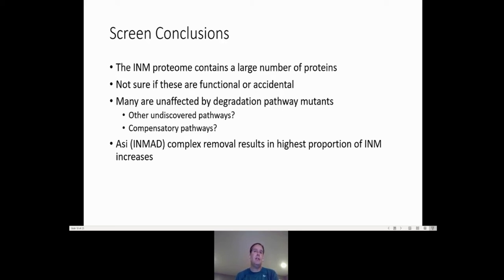Many are unaffected by degradation pathway mutants, so we don't know if there are other undiscovered pathways involved, or potentially these pathways work together in compensatory ways that we haven't anticipated yet. And as I said, the INMAD complex results in the highest proportion of INM increases, as expected.